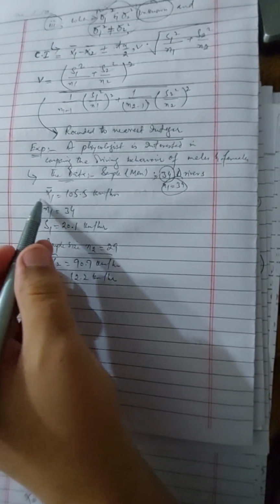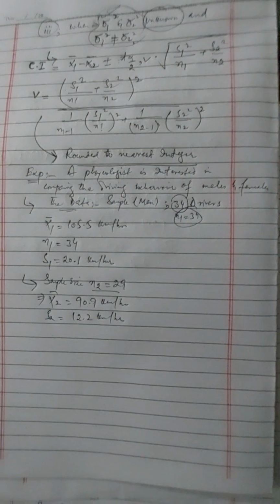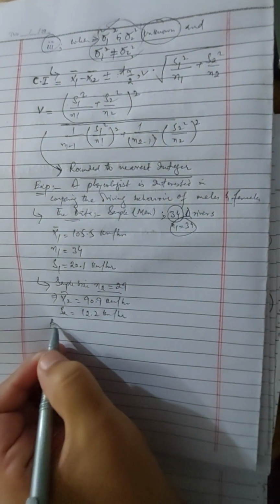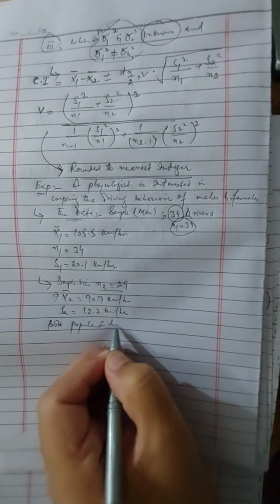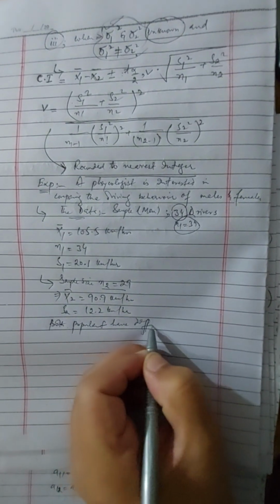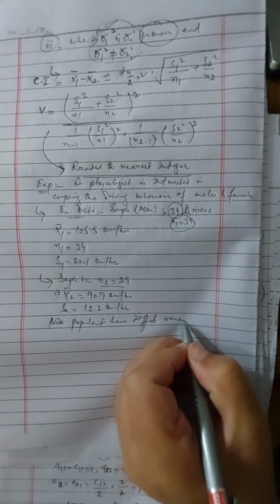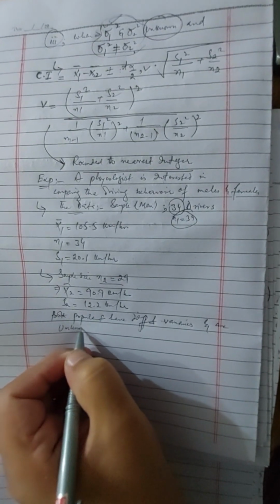Now we have these data points. It also says that both the populations have different variances and are unknown to us.